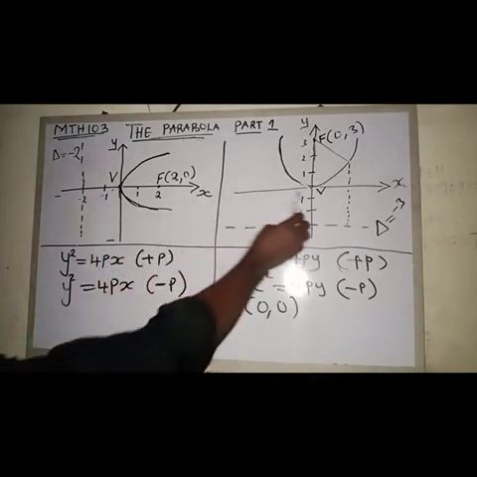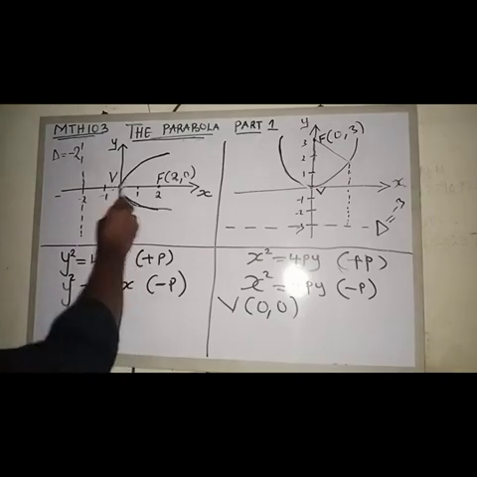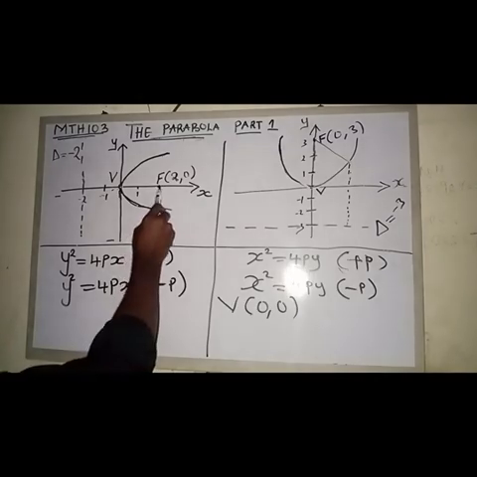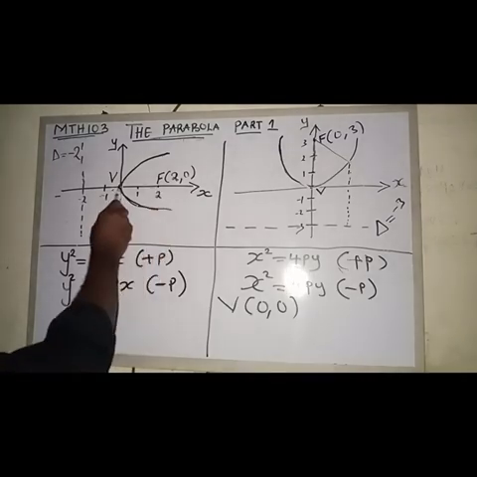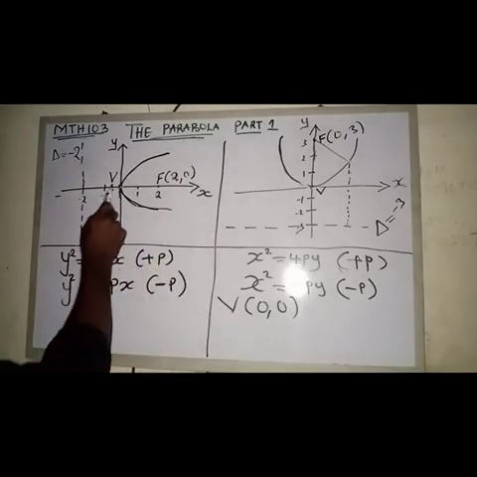Now, let's look at the vertex. The vertex, we say, is the origin. This is our focal point, then this is our directrix. Let's understand that the distance between the focal point and the vertex is also equal to the distance from the vertex to the line of the directrix.